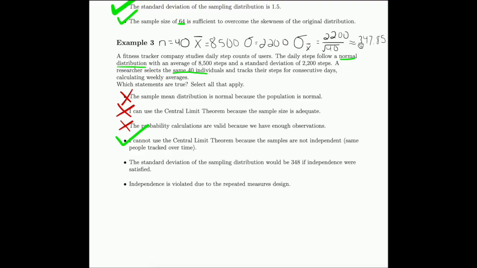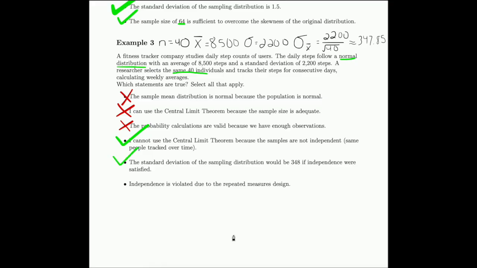When we do that, we get approximately 347.85. Rounding it to the nearest whole number, we would get approximately 348. So if we were not concerned about independence here, this would be our standard deviation for the sampling distribution.